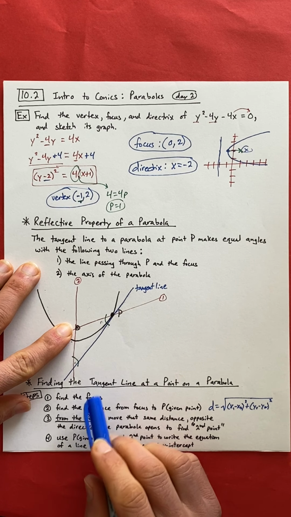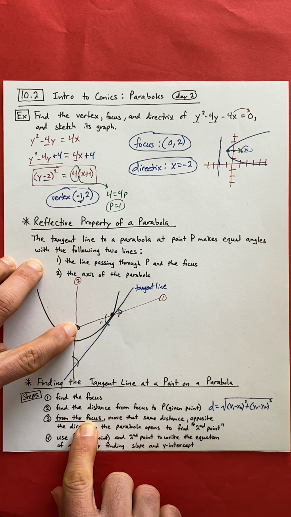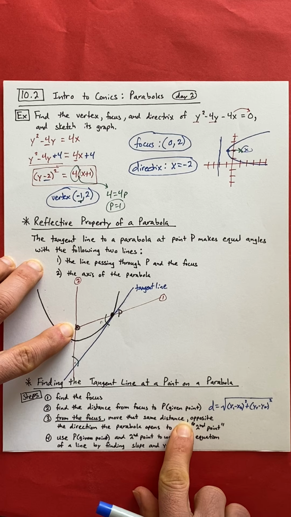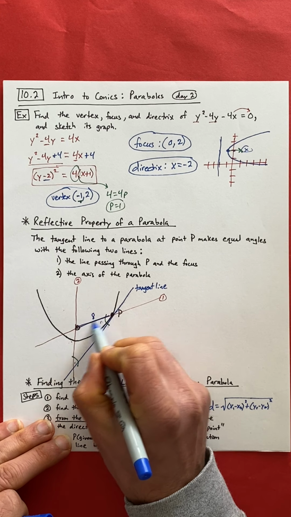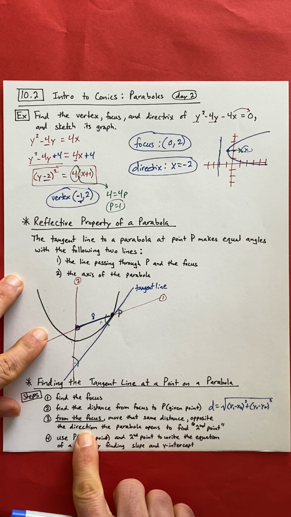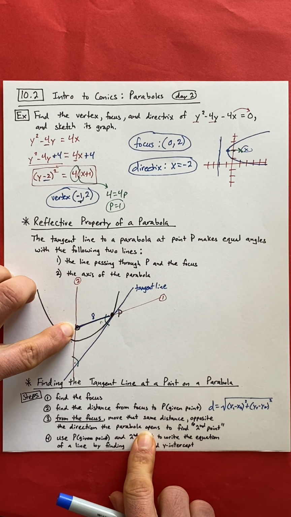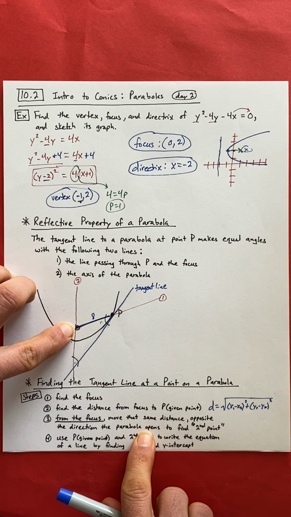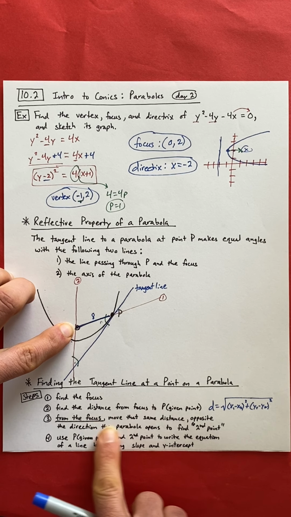All right, so step 2, why did I do step 2? It's so I can do step 3. It's saying from the focus, so from right here, we're going to move that same distance. So let's just say that this distance here happened to be 8. That's what this distance is. We're going to move that same distance opposite the direction the parabola opens. This parabola is opening up. So we're going to move 8 down, opposite direction. And remember, we're moving from the focus. That is very important.